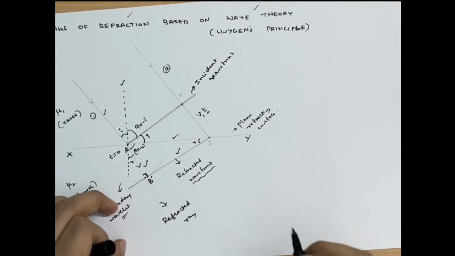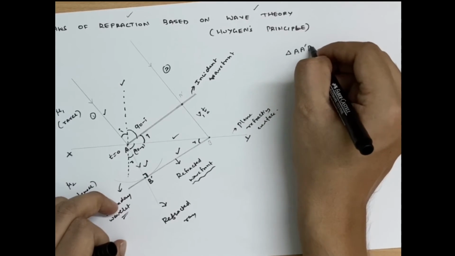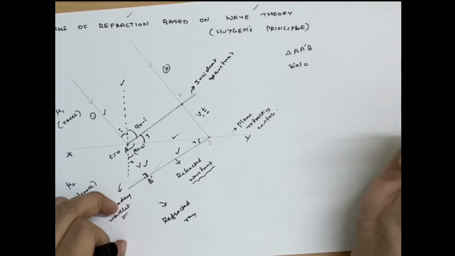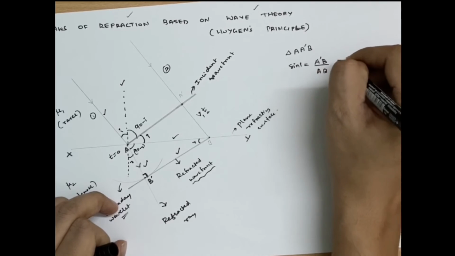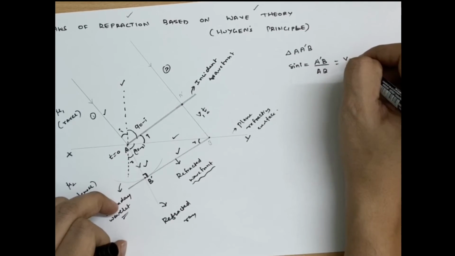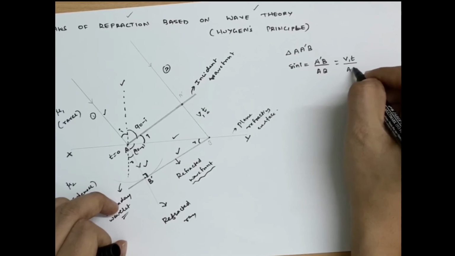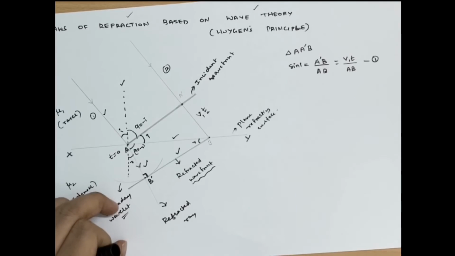Right? So if you consider the right angle triangle A dash B A, then we can see that sin I is given by A dash B divided by AB. But A dash B is nothing but v1 into t, where v1 is the speed of the light in that medium, divided by AB. Whatever AB is, let's not worry about it. Let's take it as equation number 1.